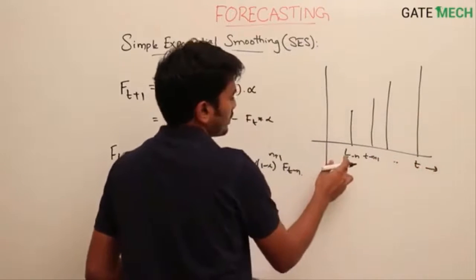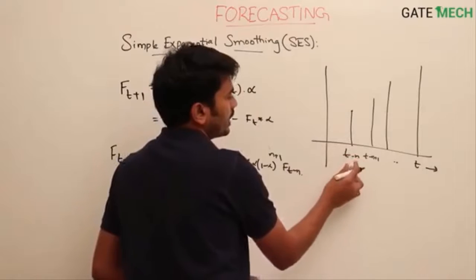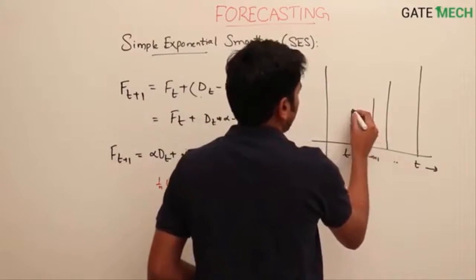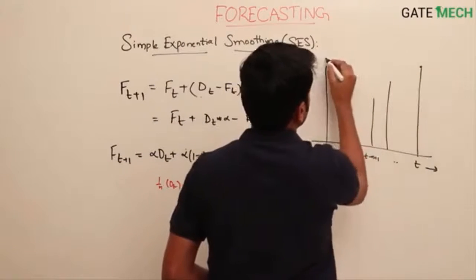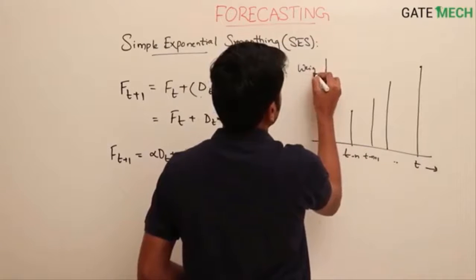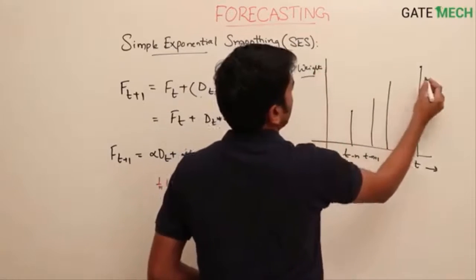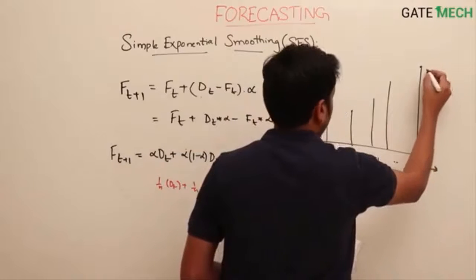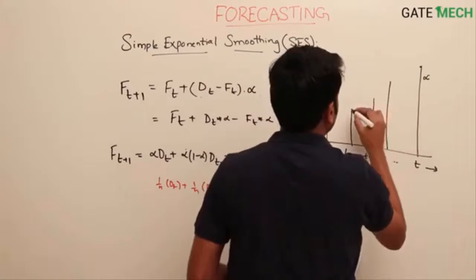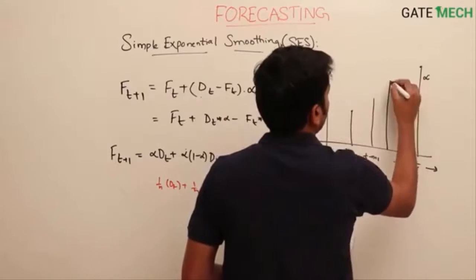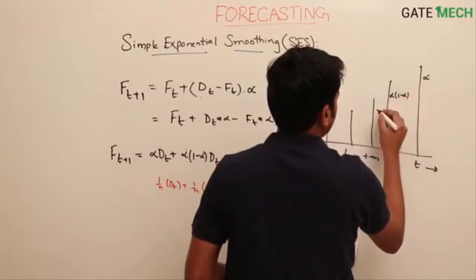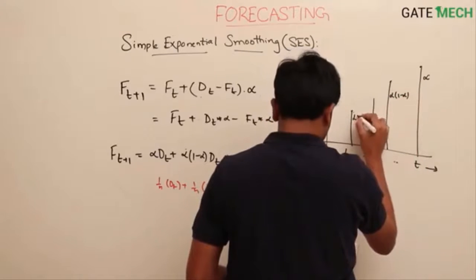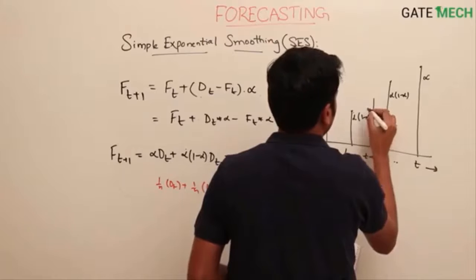So as I am considering from the last n periods to the current period, and the weightage here, so this we can say weights. So this is alpha, this weightage, and this is alpha into 1 minus alpha and so on. This is alpha into 1 minus alpha whole power n.